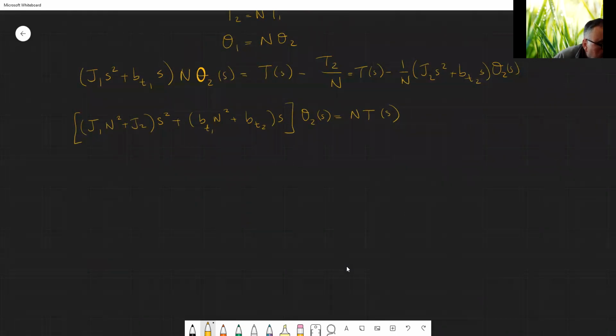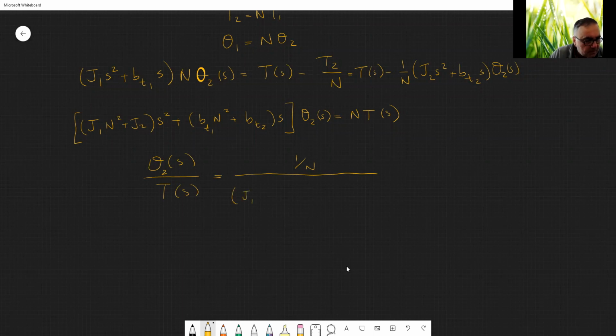And then we can write theta 2 of S over T of S as follows. If you divide everything by N squared, what you are going to get will be 1 over N divided by... Okay, this is the result.